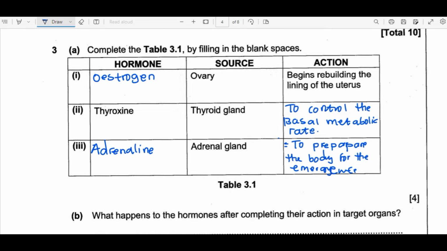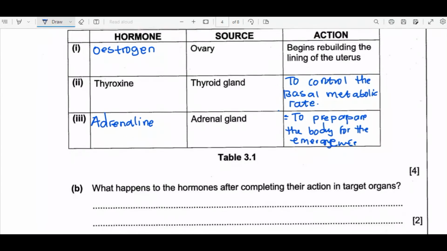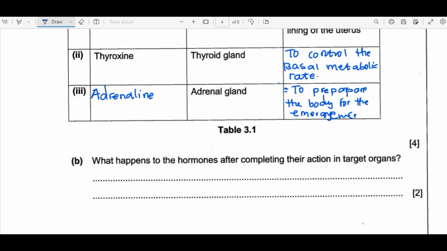If truly I see a ghost, I need maybe to run, and for me to run, I need energy. So that's the reason why adrenaline comes in. That's why whenever someone is very afraid, or sometimes even over excitement, this hormone must come in to make sure that you succeed through that moment.